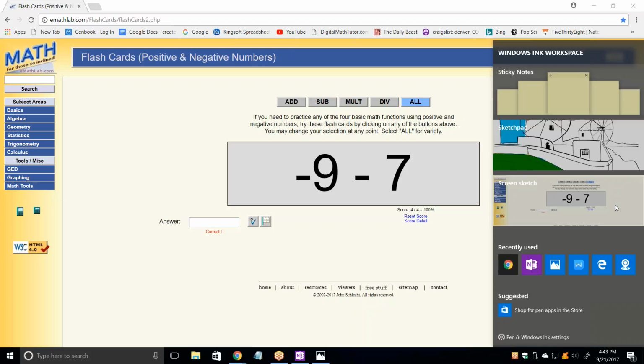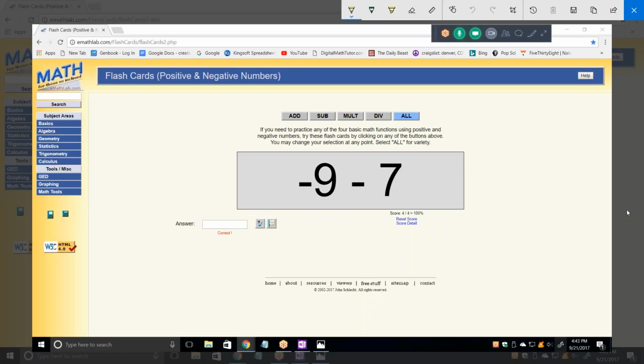And this is what I tell everybody to do. First of all, let me get some writing instrument here. The reason people have trouble with this specific problem, and they do, half my students would probably miss this problem, is because you're looking at two negative signs, and yet they both mean something different.